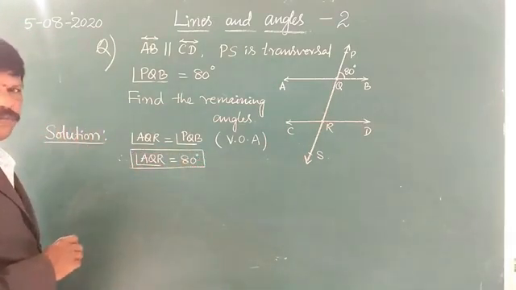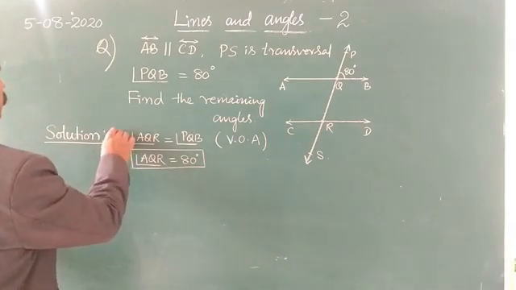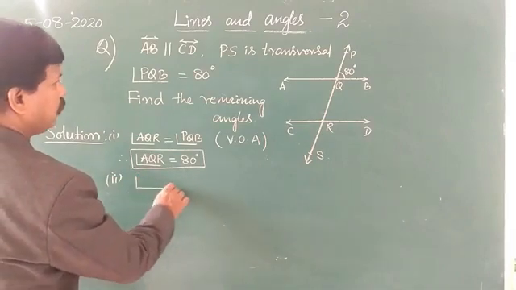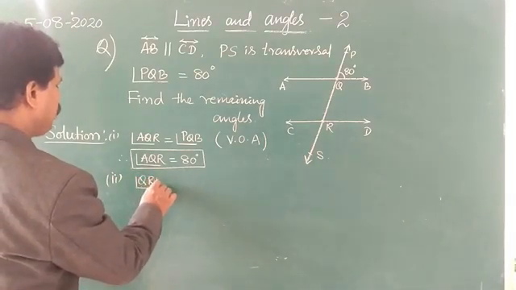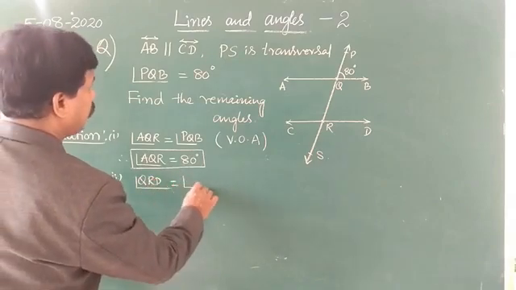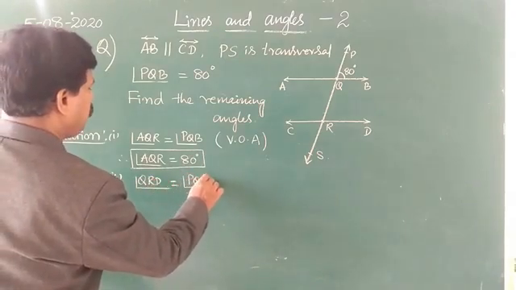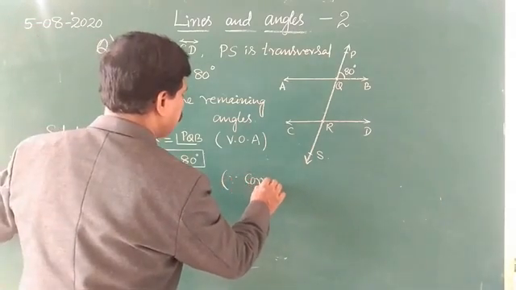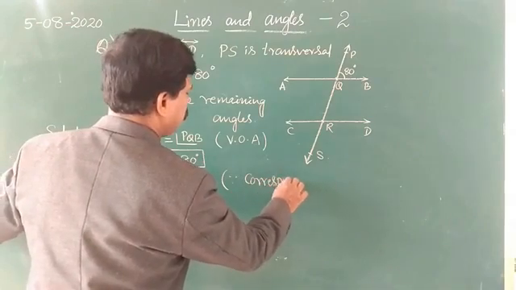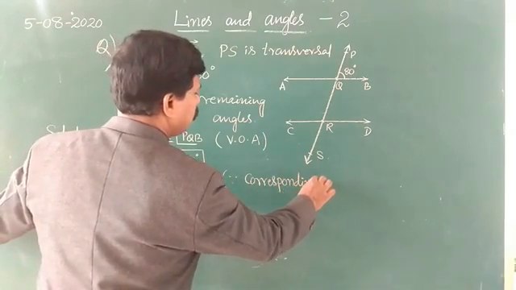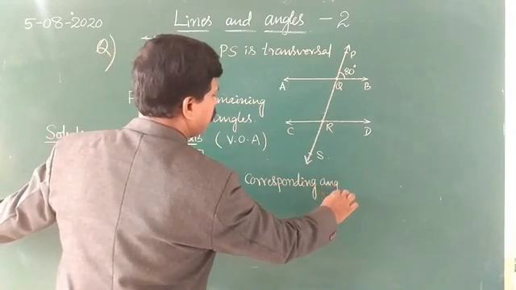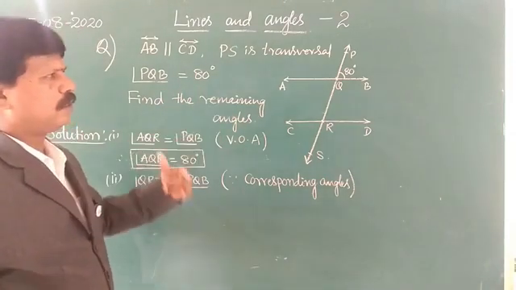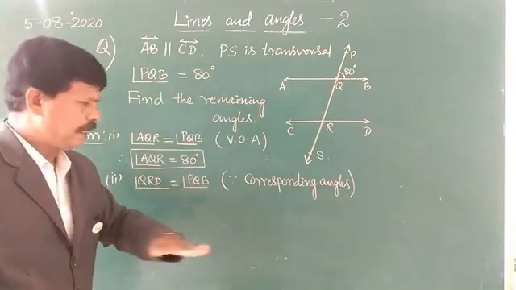One angle is done. Then the second one, angle QRD is equal to angle PQB, because these are corresponding angles. In the previous lesson you have learned that corresponding angles are equal.